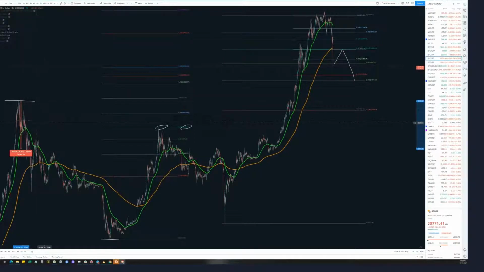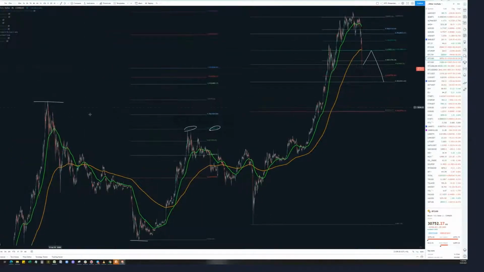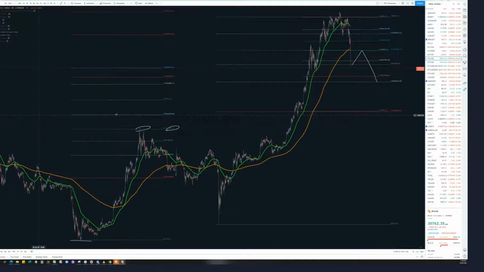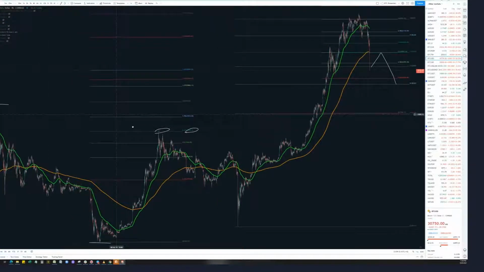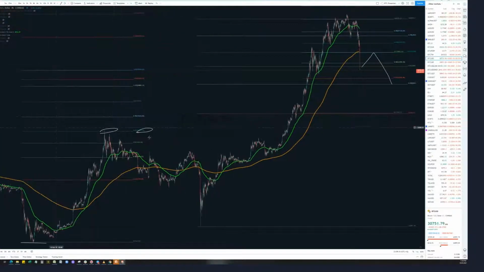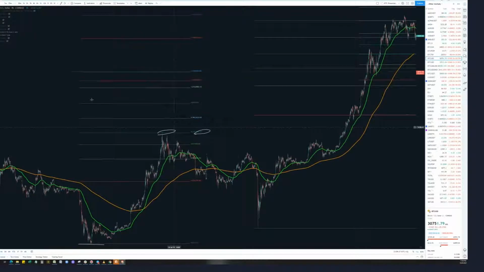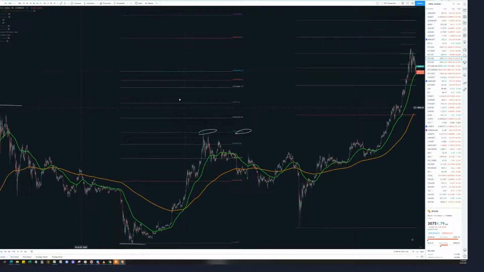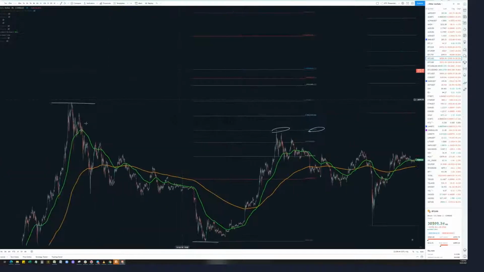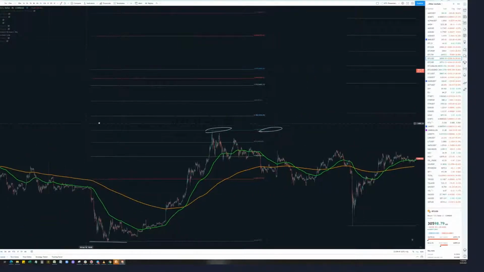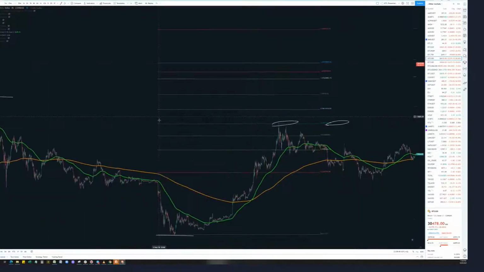So let's have a look at that. And let's have a better look at this. Oh, that's a nasty drop. Come on, what are people doing? Panicking like morons. Just dumping. So we'll look at this 2017 scenario.